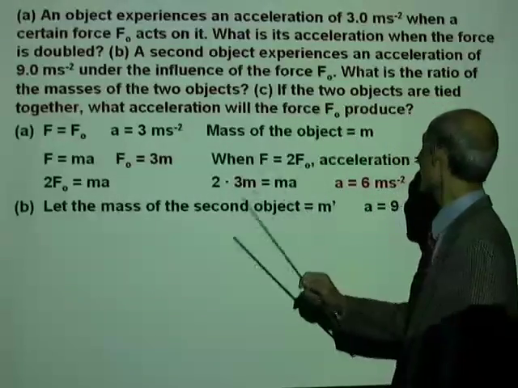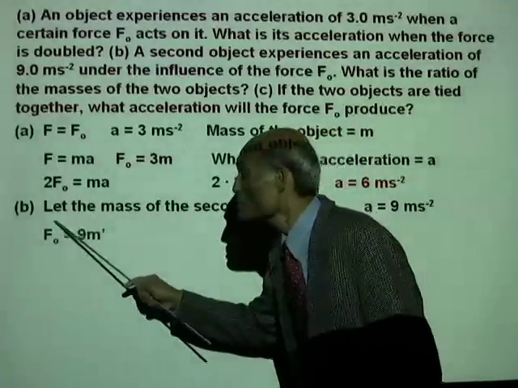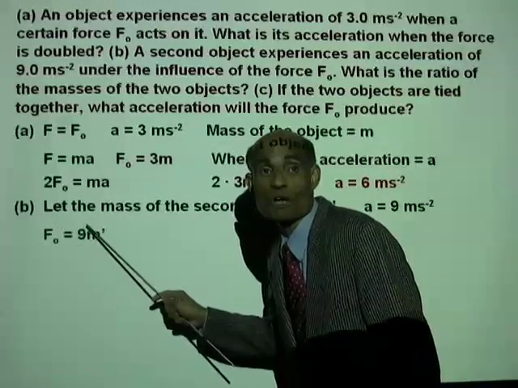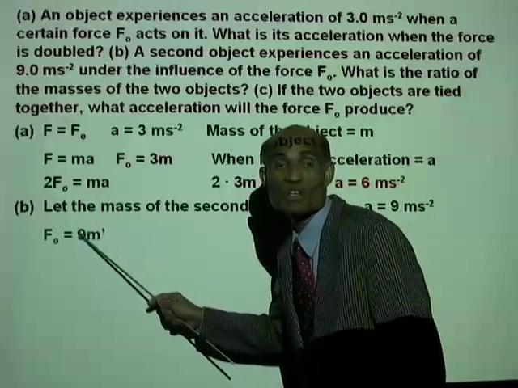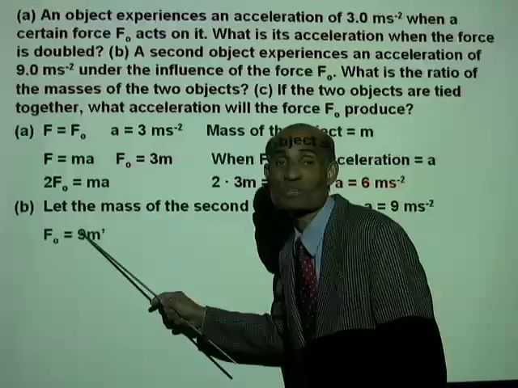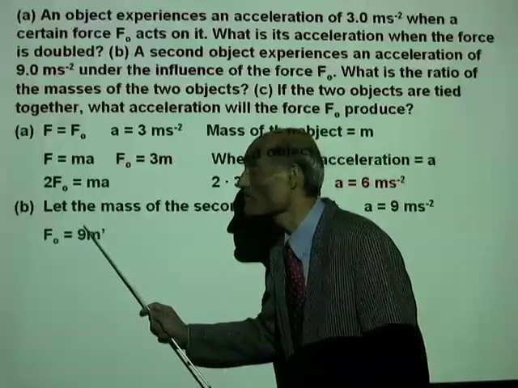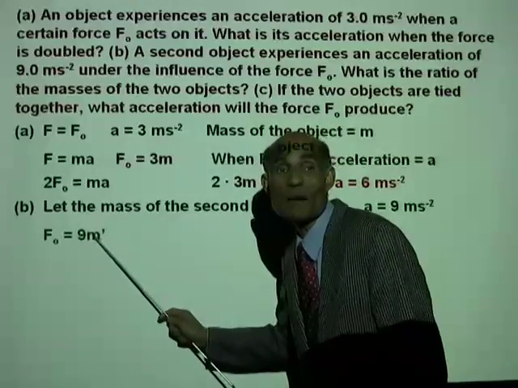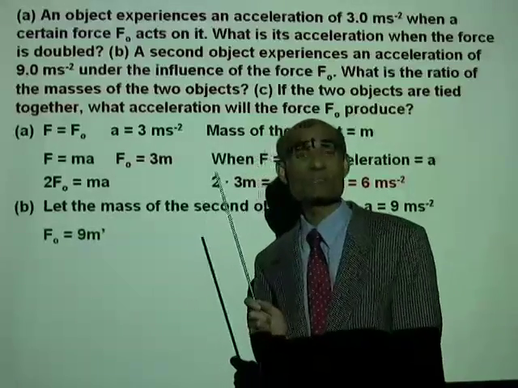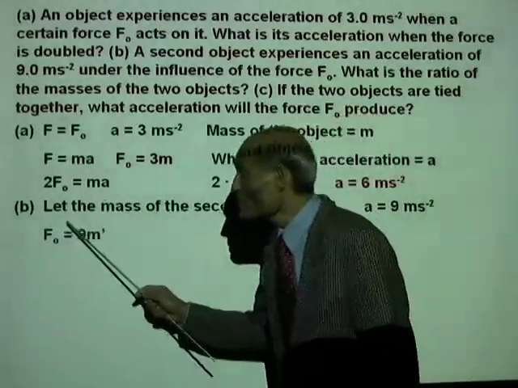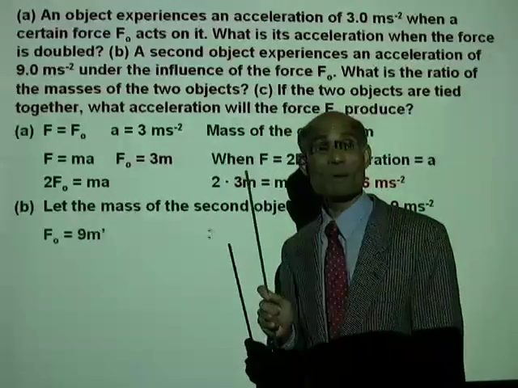Alright, let's go into the proper way. The acceleration is 9 meters per second squared. The same force F0 acting on m prime produces an acceleration of 9 meters per second squared. That means F0 equal to ma, the same equation. Here m is m prime, acceleration is 9 meters per second squared. Well, you know that F0 can be replaced by 3m.